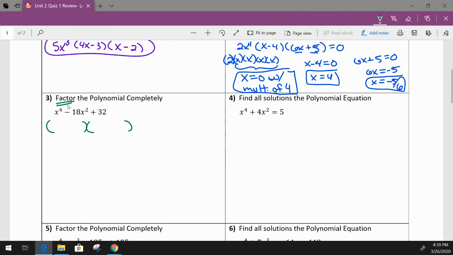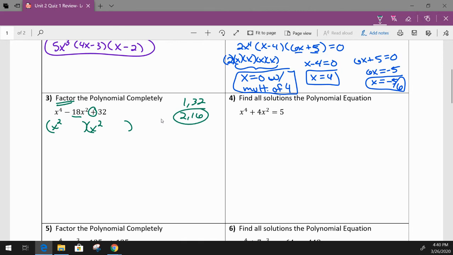All right, so since I have an x to the 4th here and I have an x squared here, I need these 2 terms to be x squared. So x squared times that x squared will equal the x to the 4th. But as far as finding my 2 numbers that multiply together equal 32, but have to add up to 18, I would, again, list my factors of 32, 1 and 32, 2 and 16.